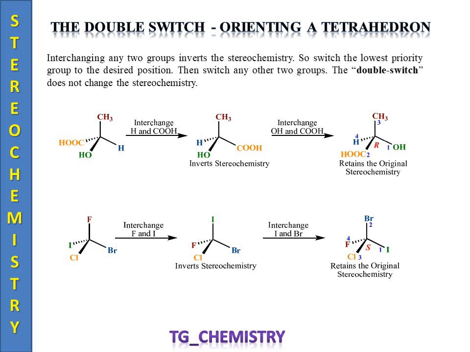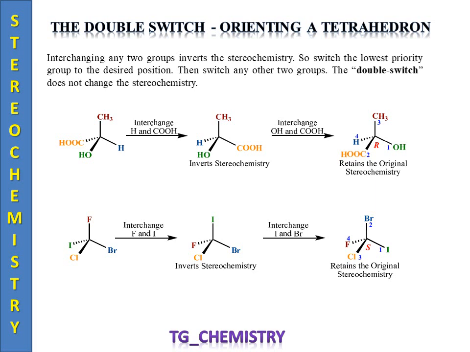Then we go for 1 2 3, and that shows it goes in a clockwise direction, and your fourth group is now in the dashed line. So the double interchange of the groups retains the original stereochemistry, and whatever you assign from 1 2 3 here will be the final, real configuration.